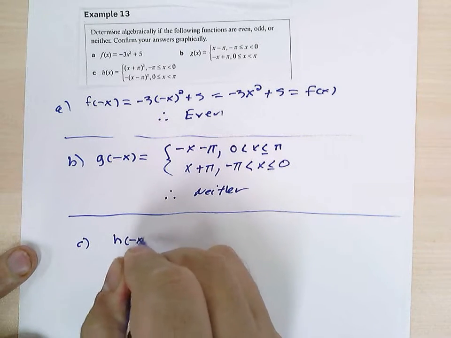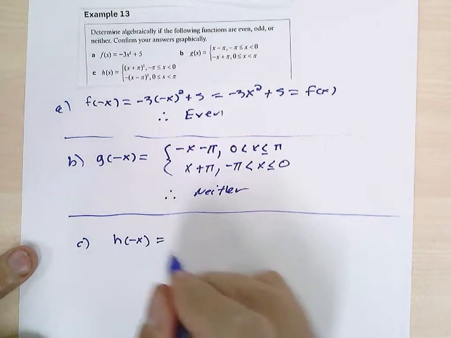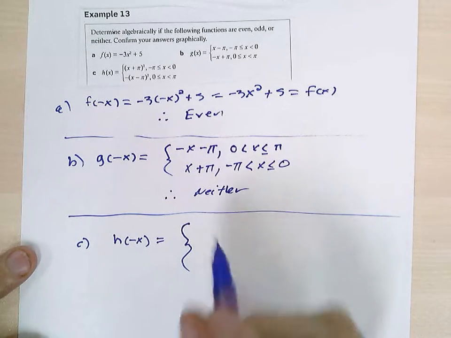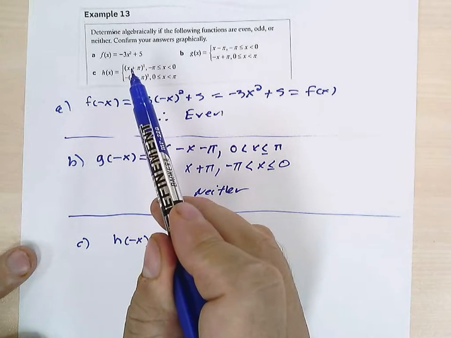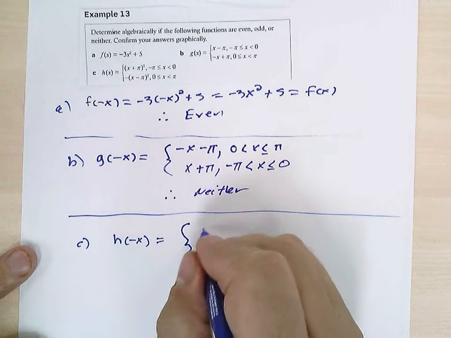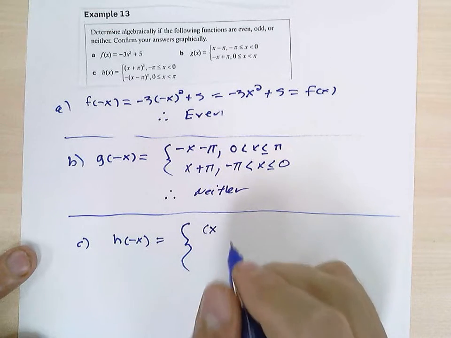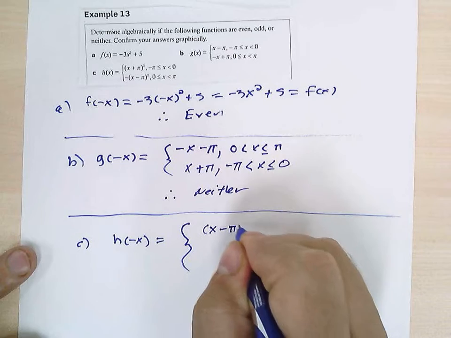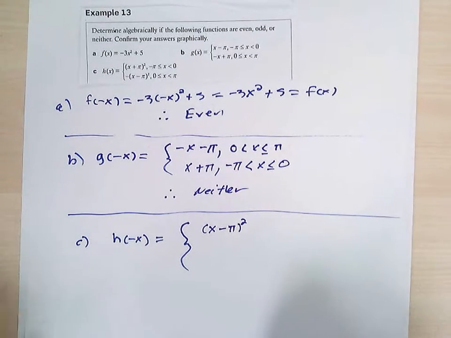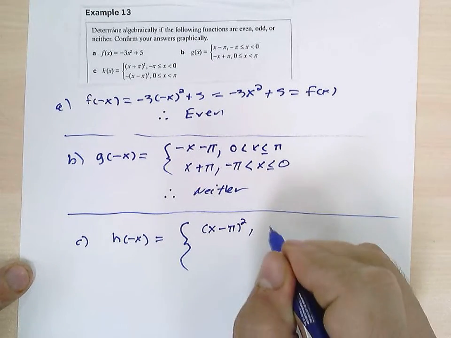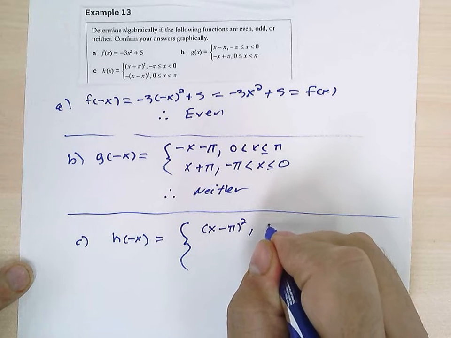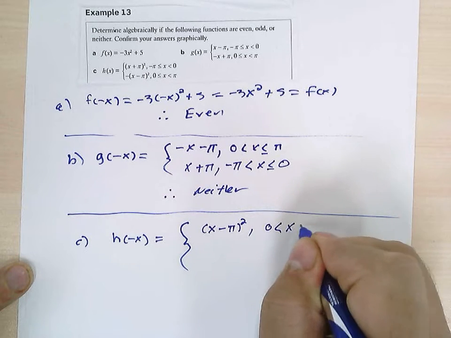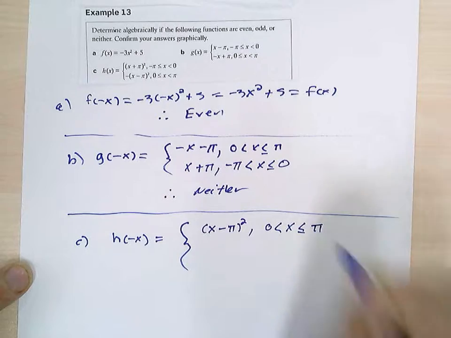h of negative x, right? That's going to be equal to, well, when I plug it in there, I'm going to get x minus pi squared when I factor out the negative and square it, for 0 less than x less than or equal to pi.